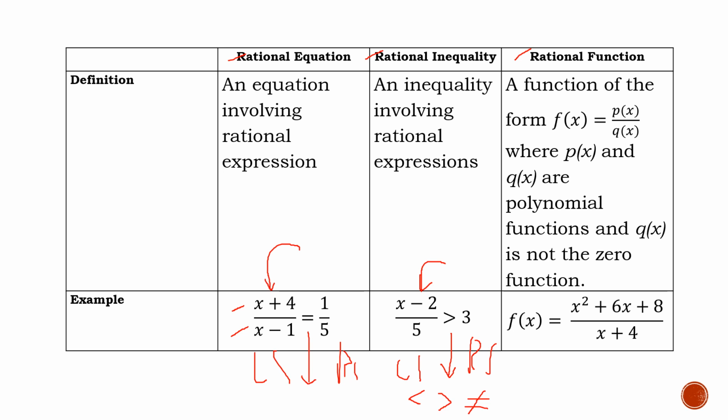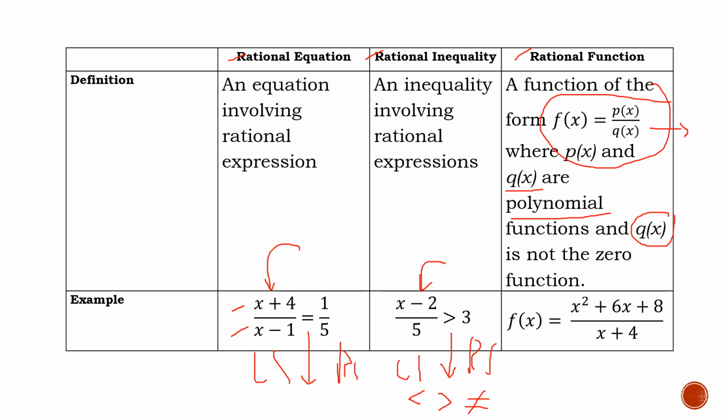For the rational function, you need to check if we follow this form wherein your q of x is also a polynomial and this q of x is not equal to 0, because we really need to make sure that your q of x is not equal to 0.